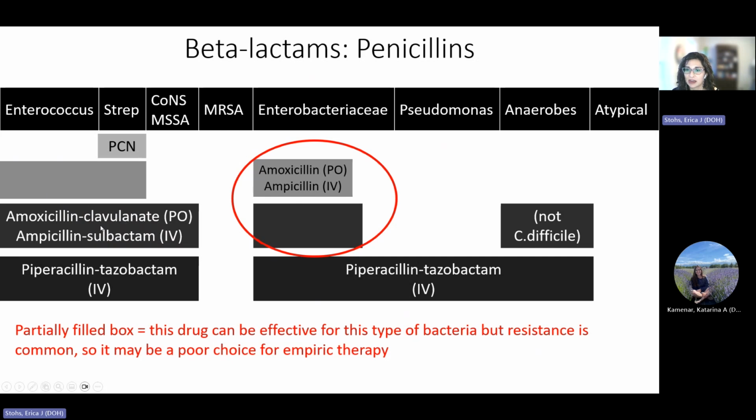Similarly, here you can see amoxicillin clavulanate and ampicillin sulbactam. When you have this beta-lactamase inhibitor combination, you gain more coverage, including more Enterobacteriaceae coverage and some anaerobic activity. And then piperacillin tazobactam is our broadest penicillin that is used. Again, you can see the spectrum of activity here is very wide.